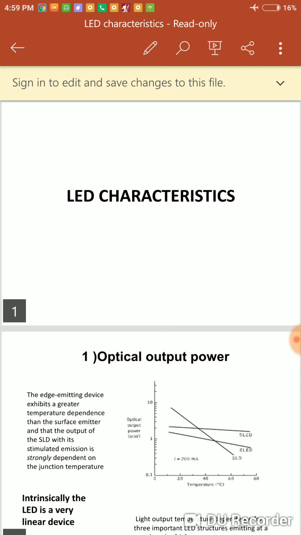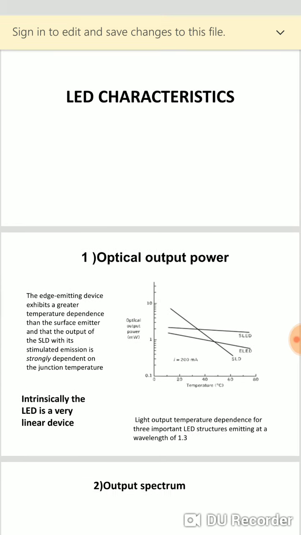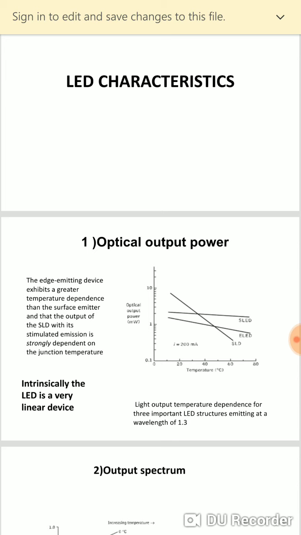So it is not emitting an intense beam of light; a spread beam of light is emitted by the LED. The general characteristics of LED: it is a non-coherent source of light, it emits low optical power at the output, and coupling losses in the LED are more.